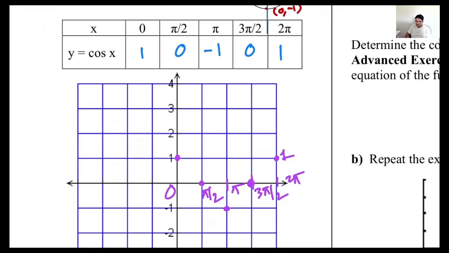So these are the values of cosine at all those quadrantal angles.